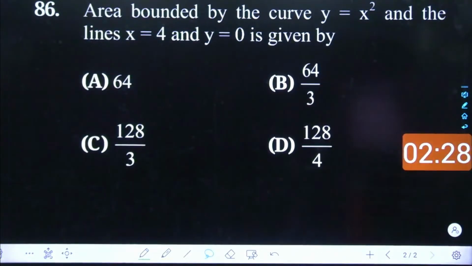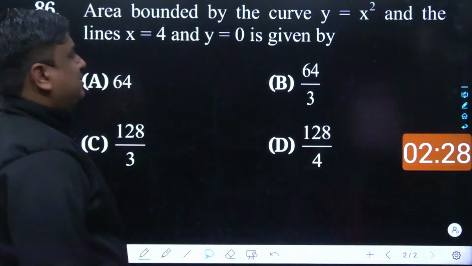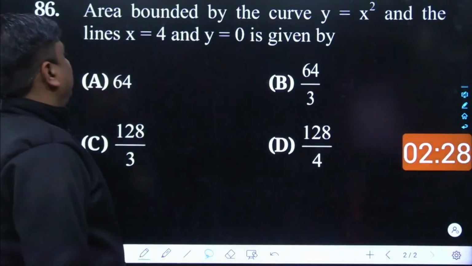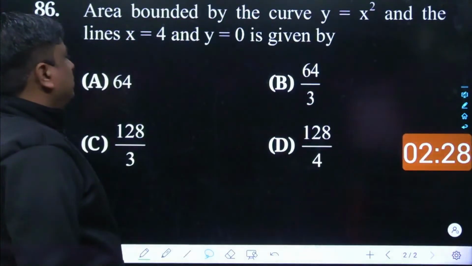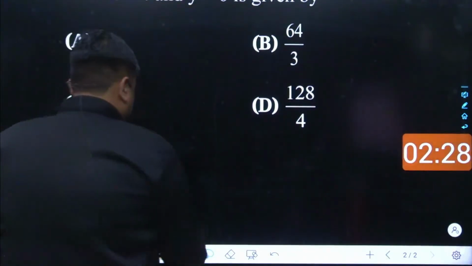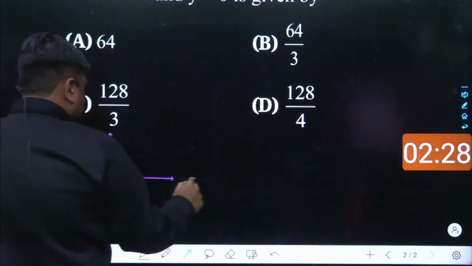Anyways, let me focus on this question and we will try to see which kind of structure it has made. y equals x square is again an upward facing parabola. x equals 4 is going to be a vertical line, and y equals 0 is the x-axis. So overall, if we try to draw this curve, again I will take an xy plane.